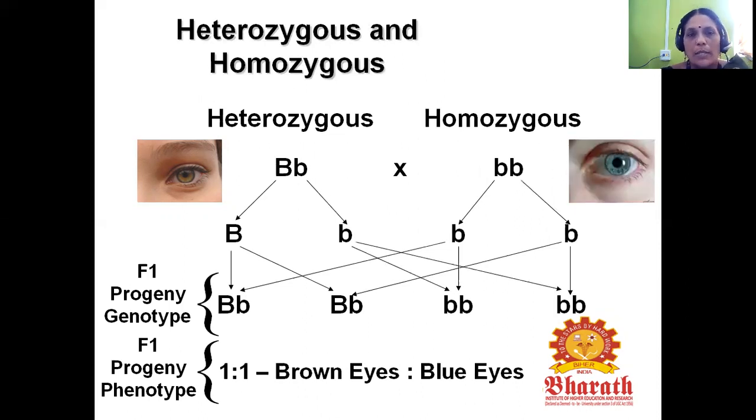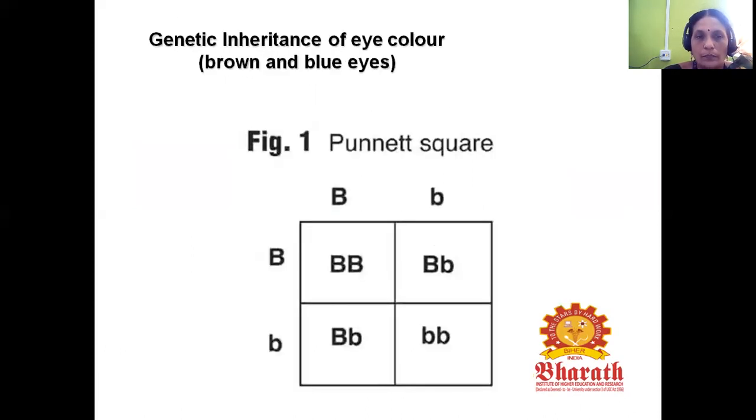If you take the heterozygous and homozygous parents, heterozygous brown eye, capital B small b, and homozygous blue eye, small b, the F1 progeny genotypes are capital B small b, capital B small b, small b small b, small b small b. So the F1 progeny phenotype ratio is 1:1, that is one brown eye and one blue eye.